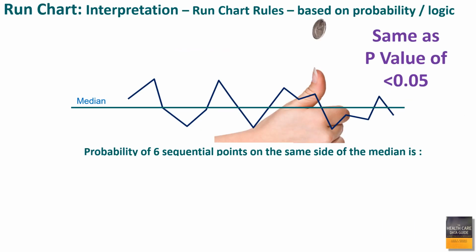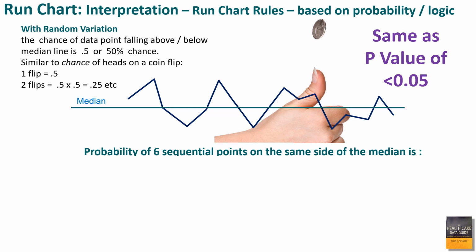The rules are based on probability and logic. With random variation, the chance of a data point falling above or below the median line, or the center line, is 0.5 or 50% chance. This is similar to the chance of throwing a head or a tail on a coin flip. The first flip of a coin is 0.5 or a 50% chance of getting a head or tails.